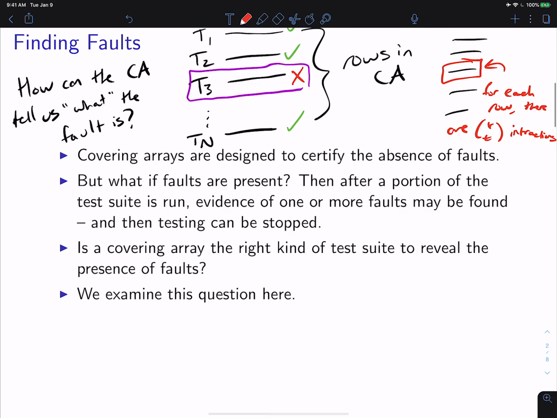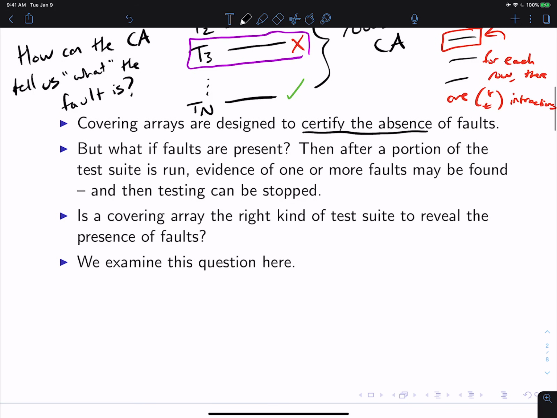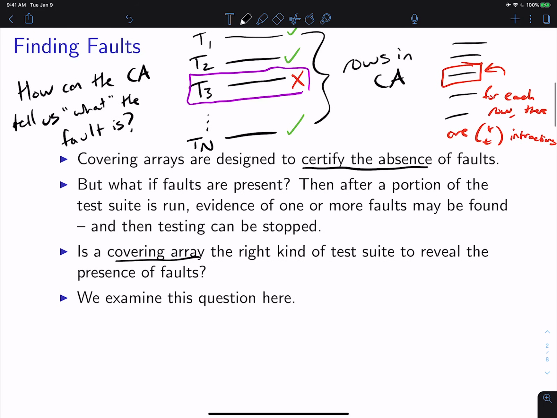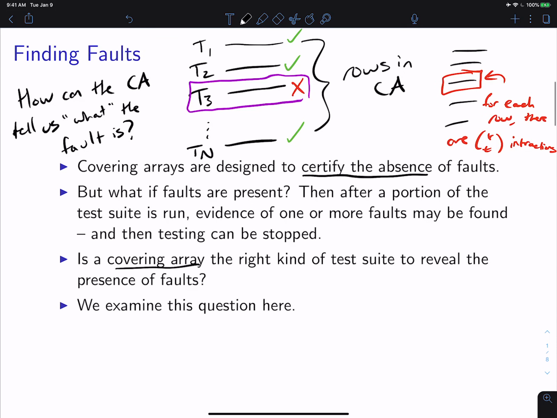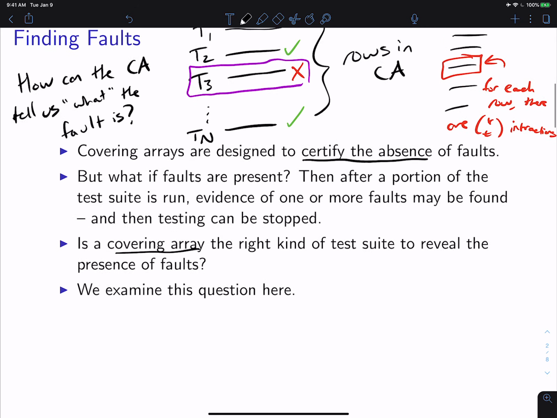The entire purpose of a covering array is to certify the absence of the fault. When there is a fault, the covering array just says there is one, but it doesn't tell us what the faults actually are. So is a covering array the right thing to do? In some contexts it might be, but maybe we want to actually find what the faults actually are.